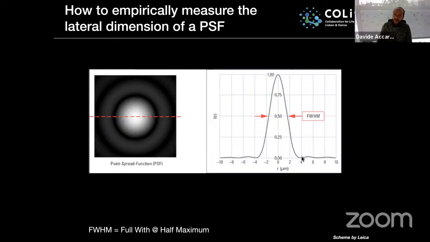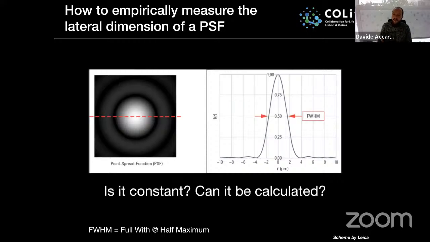The Gaussian central signal corresponds to what is measured in the central disk of light. For this Gaussian signal, we calculate the full width at half maximum. What does it mean? We calculate the height of this signal divided by 2, so in this way we find the half maximum. And here we measure the full width of the Gaussian signal, the distance from this point to this point. This is the standardized method, internationally recognized and respected, for calculating the lateral size of a point spread function, okay?